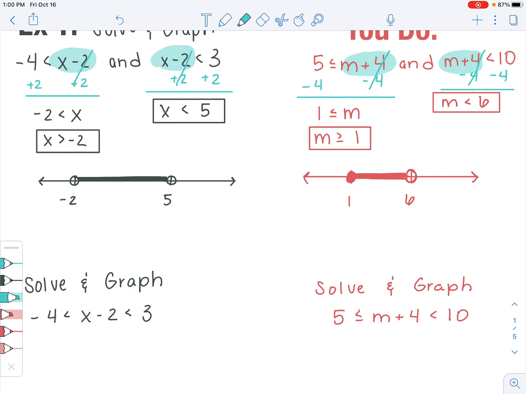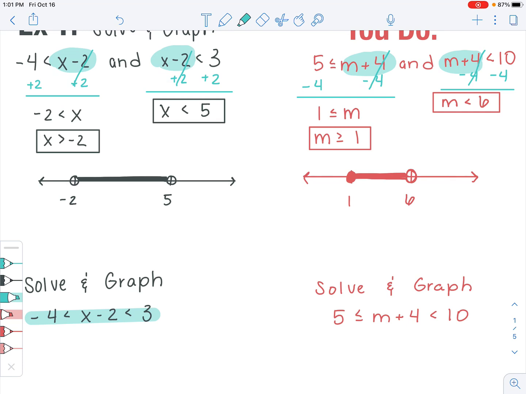I can say -4 is less than x minus 2, which is less than 3. And I can write that entire problem all smushed together. It's exactly the same thing as the one that's above it.